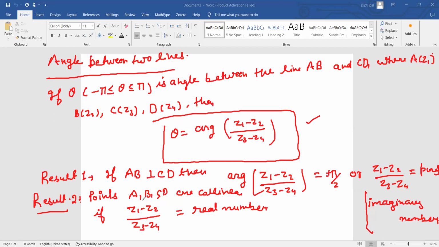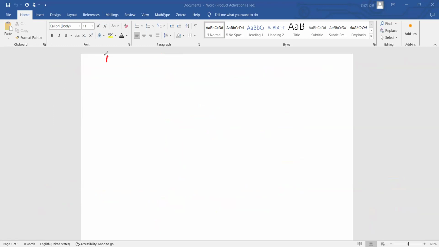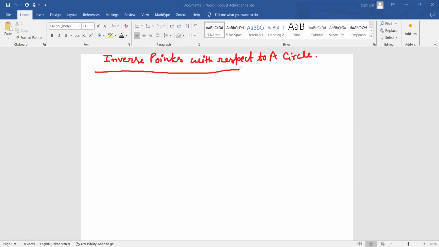Inverse points with respect to a circle.